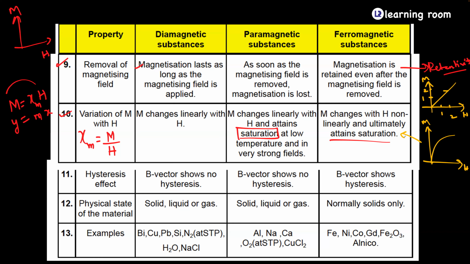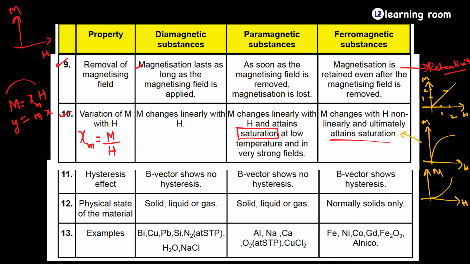So they can give you this kind of a graph and ask what kind of material this is. Or they can give you these graphs, and none of these as options, and ask you to find the right graph for a ferromagnetic substance. This is where the confusion will start.